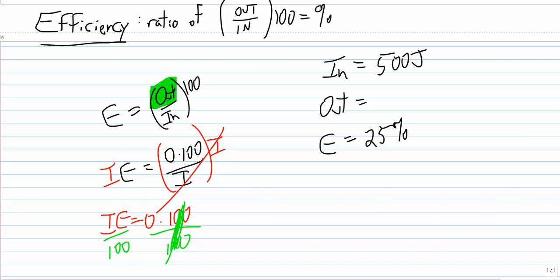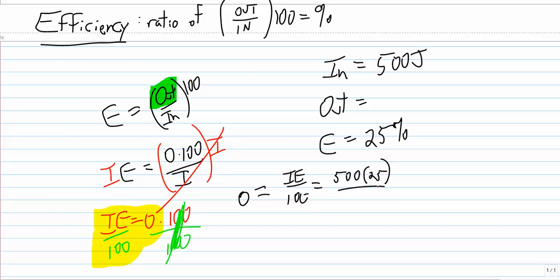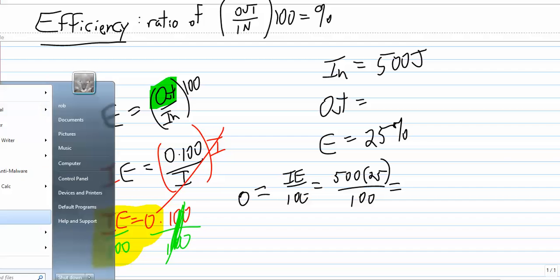All right, so what I wind up with is, ooh, terrible color for that. Don't highlight with that color. How about this color? All right, so that means that O is I times E over 100. So let's see what we get here. I is 500. E was 25 divided by 100. So let's see here. Grab my calculator really quickly just in case I mess up the math.